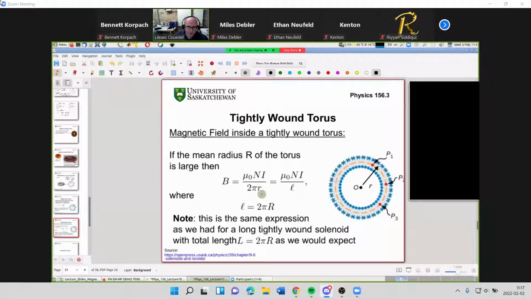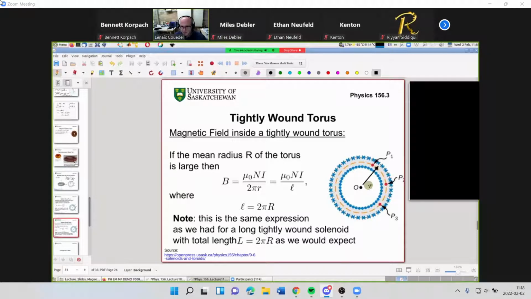Now you can also recover the solenoid with the toroid formula. If you take the radius of the toroid going to infinity, well, the bending of the toroid almost becomes flat. That's like on Earth. The Earth is round, but in Saskatchewan you see it as flat.